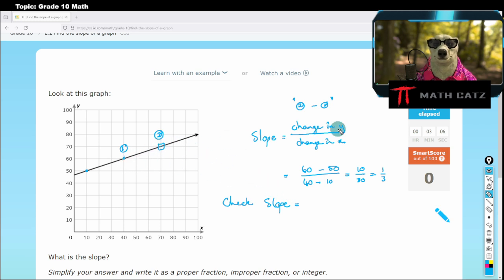So change in y is at the top. Second y value is 70 minus 60, over change in x. Second x value is 70 minus 40. And this shows you 10 over 30 again, 1/3. It's the same. It doesn't matter which 2 points you take.